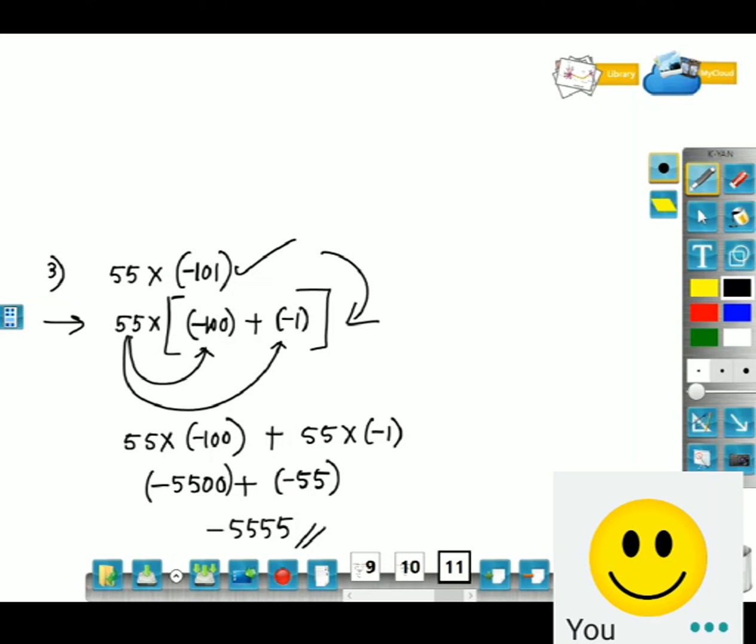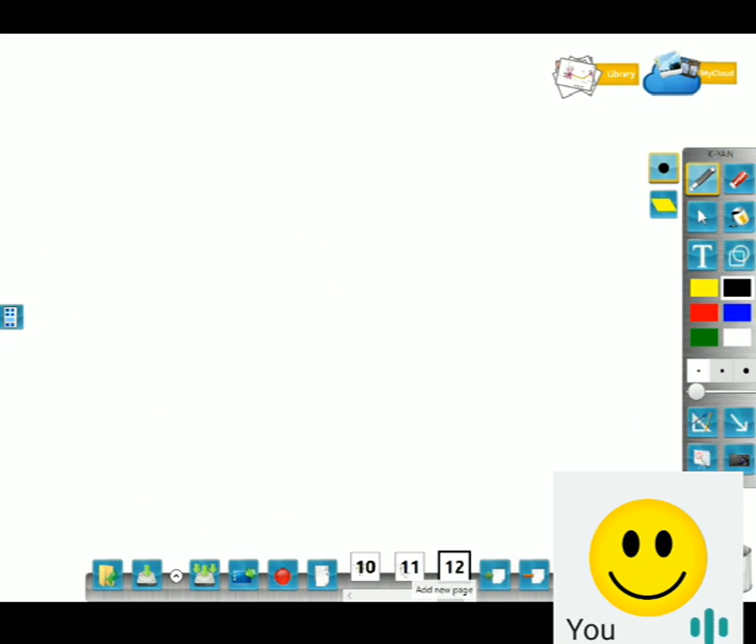Okay, so let's discuss additive inverse. For a given integer, what we have to add to get 0, that number we call the additive inverse.